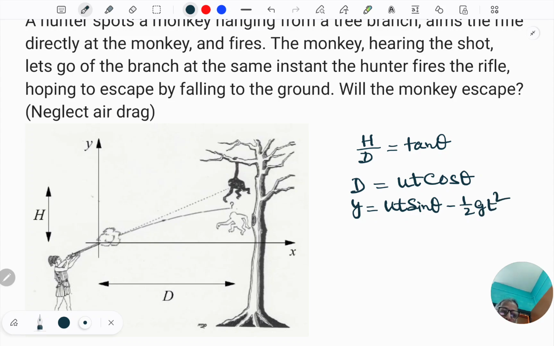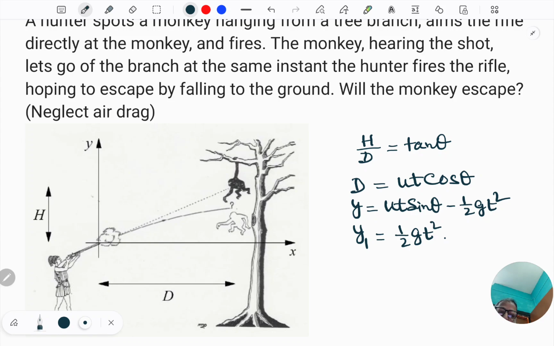These are the coordinates of the bullet at the tth instant, and at that instant the monkey, as he starts from rest, has descended by a distance y1, suppose, which is equal to half g t square.